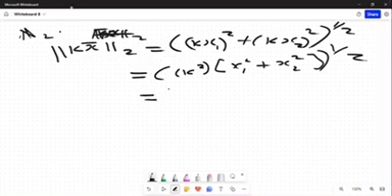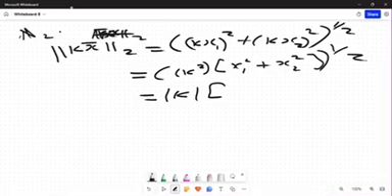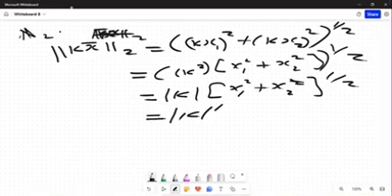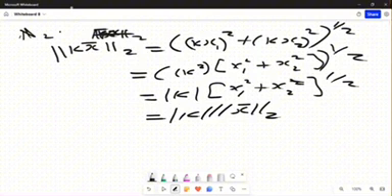So you'll be talking of the absolute value of k, into x1 squared plus x2 squared, everything to power half. What is this? This is simply the modulus of k times the norm of x bar, norm 2. So you have just shown that the norm of k x bar, norm 2, is equal to the modulus of k times the norm of x bar.